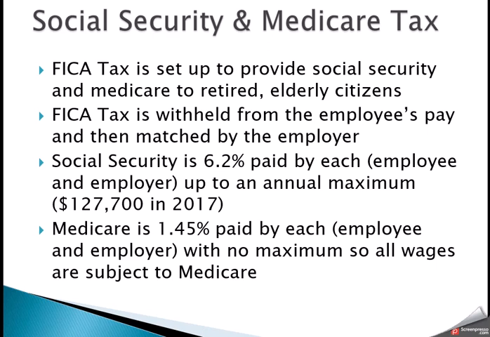Now Medicare is 1.45% paid by each employee and then matched by the employer, so that total going in for each employee is 2.9%, and there is no maximum. So even if you make $500,000 a year, you're the president of the company, you're going to be paying 1.45% of that entire amount into Medicare.